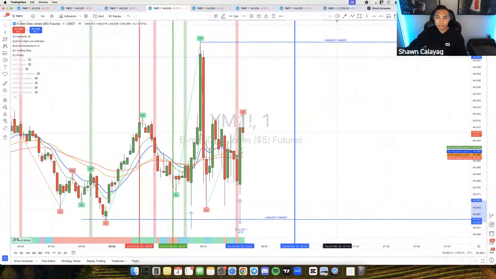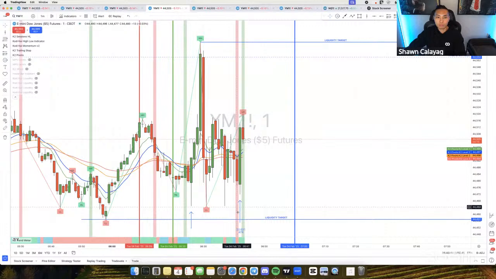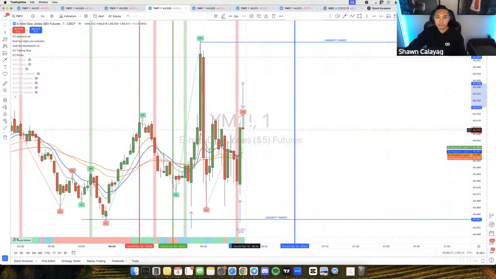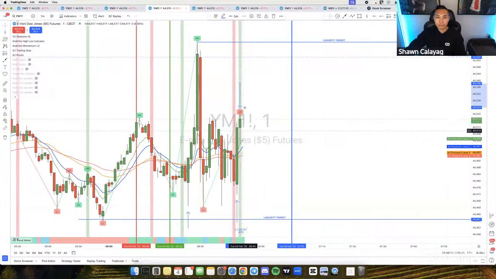See this here, if this closes red, this is going to be a reversal pattern to the opposite side. So we had a reversal pattern to the upside, now a reversal pattern to the downside. This is going to be the deciding factor of where price may likely go, however this candle closes. Okay, so this did not close red.